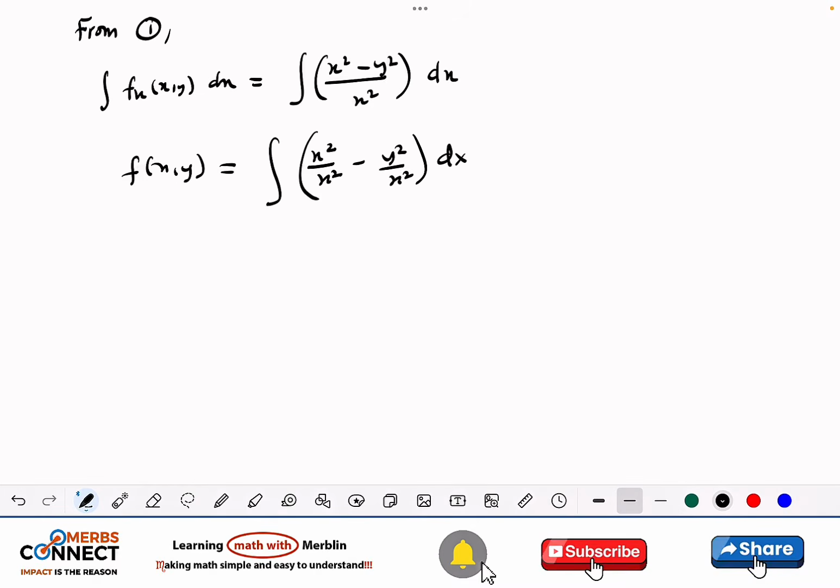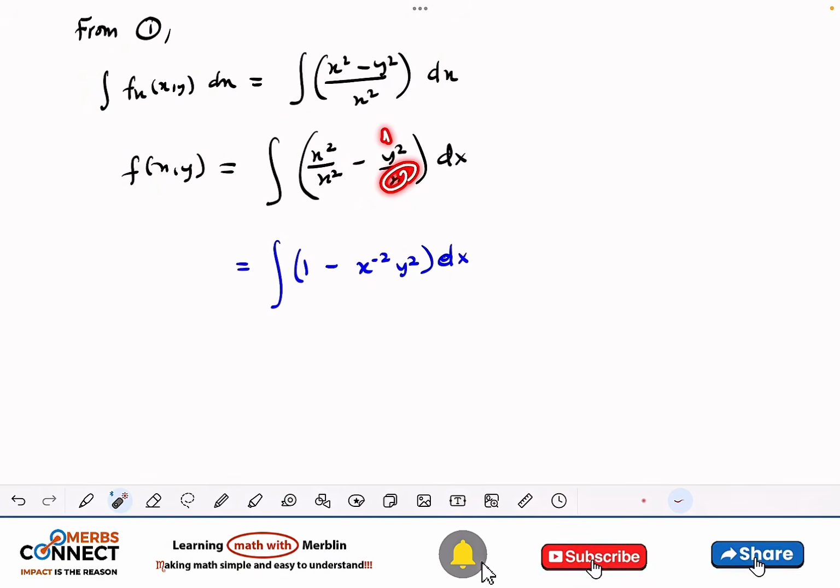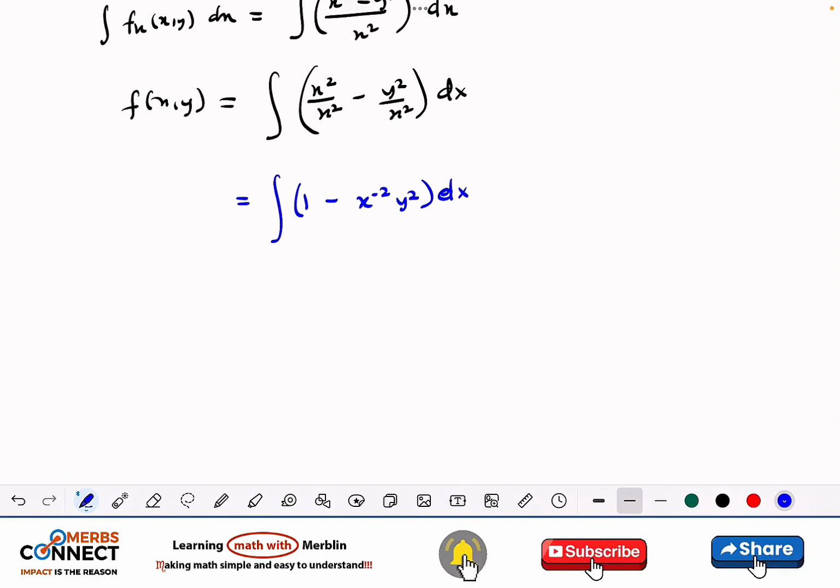And then this is the same as 1 minus y squared, or let me say x to the power minus 2 y squared, dx. So that's why I said always pick the one that you think you can integrate fast. So this is 1. Now when I move this one up, it becomes minus 2. So now I can do the integration.